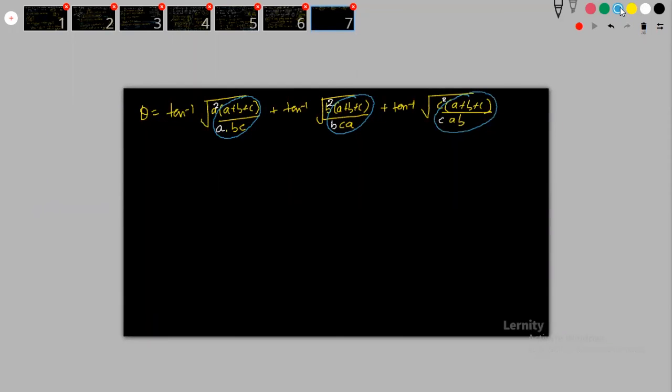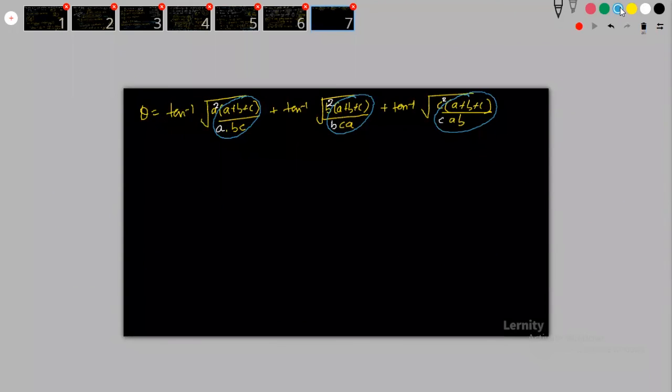A square under root will come outside, B square under root will come outside, C square under root will come outside with a positive sign, because A, B, C are positive values.